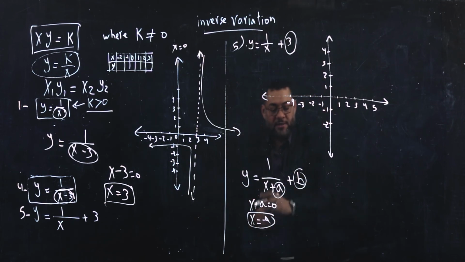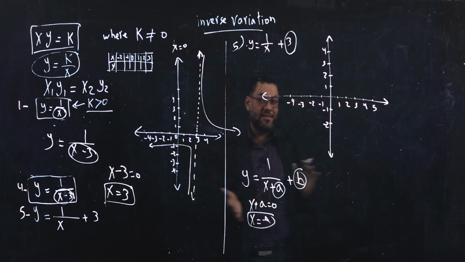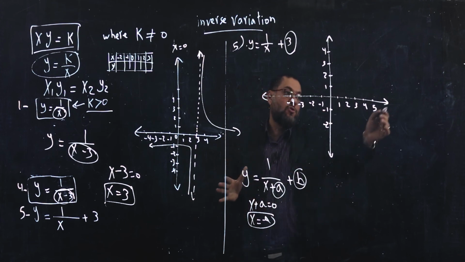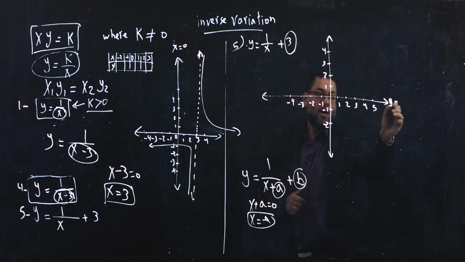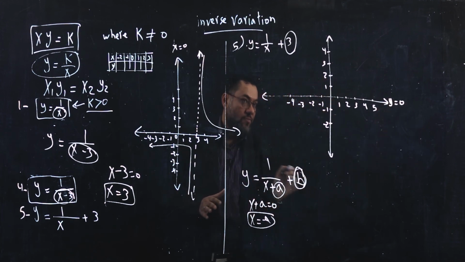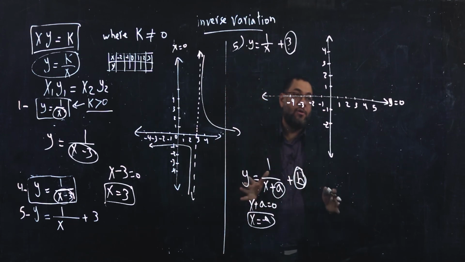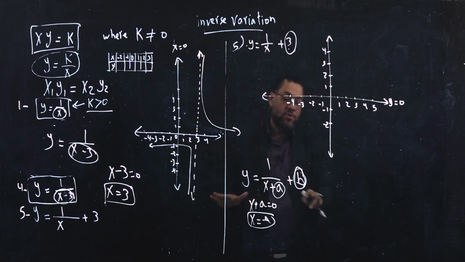This number b, beside the rational function, will be the horizontal asymptote. If b equals 0, the horizontal asymptote will be the x-axis, which is y equals 0. If I have a number like 3 here, I have another horizontal asymptote.